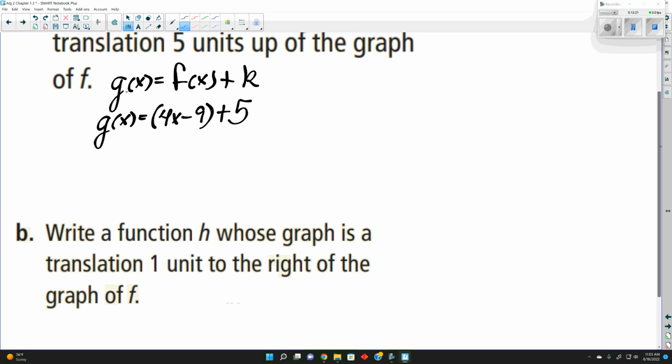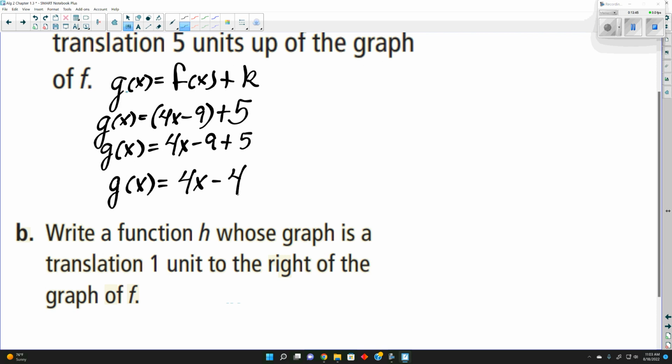Is there anything in front of the parentheses that we have to multiply through? No. So we can drop the parentheses, telling us that g of x is equal to 4x minus 9 plus 5. Combine like terms. That's it.